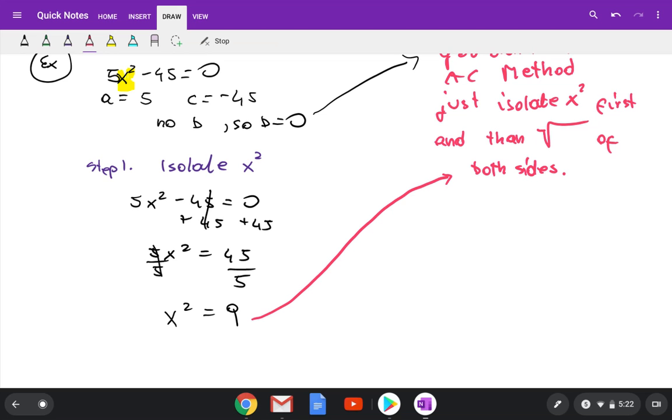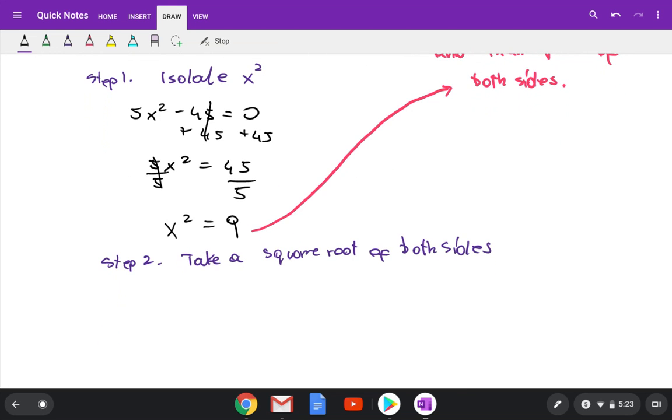So next, step 2, take a square root of both sides. So we're taking the square root of both sides. X squared equal 9. When you take the square root of both sides, we end up with x equal 3 and x equal negative 3.